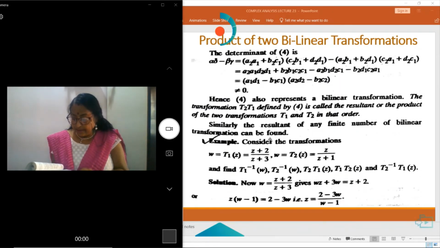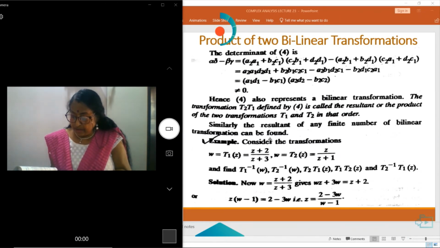Now, take one example. Let W is equal to tau 1 z is equal to z plus 2 divided by z plus 3, and W is equal to tau 2 z is equal to z by z plus 1. We are to find tau 1 inverse W, tau 2 inverse W, tau 2 tau 1 z, tau 1 tau 2 z, and tau 2 inverse tau 1 z.